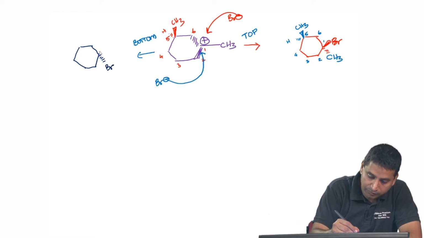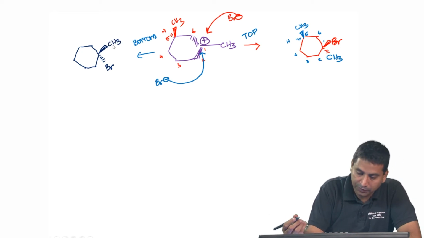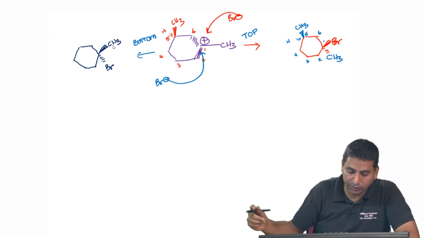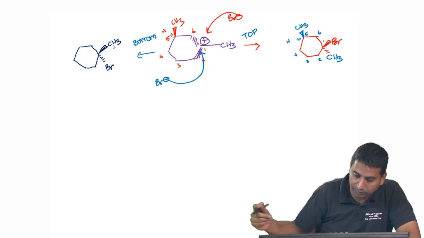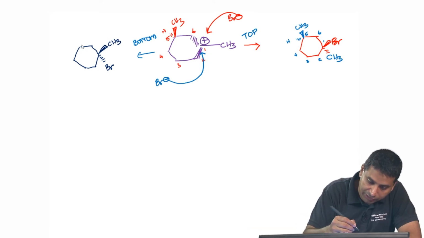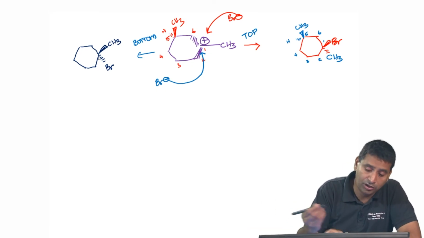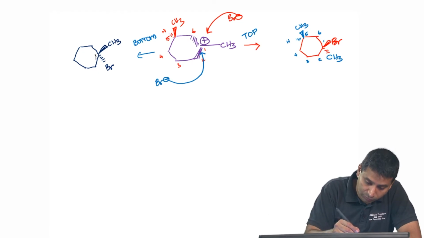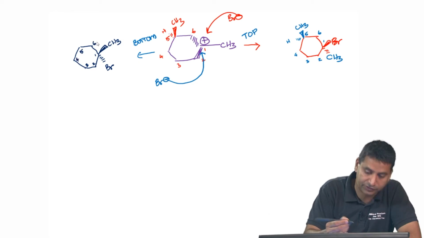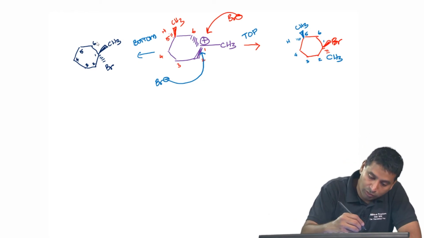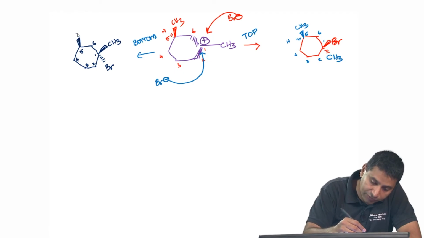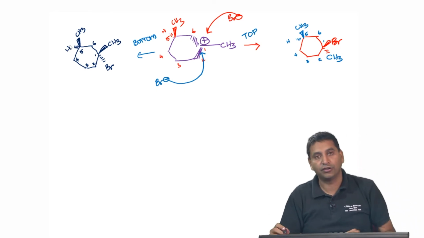So, Br is down, CH3 is up, and if I number the carbons, I am going to make sure that the other CH3 is there, but I am now a little confused. So, I am just going to again number this 1, 2, 3, 4, 5 and 6. Okay. So, we know that carbon 5 has the CH3 on top. So, I am just going to make sure that I have the same structure over here.